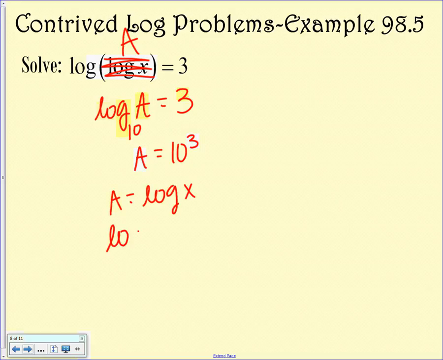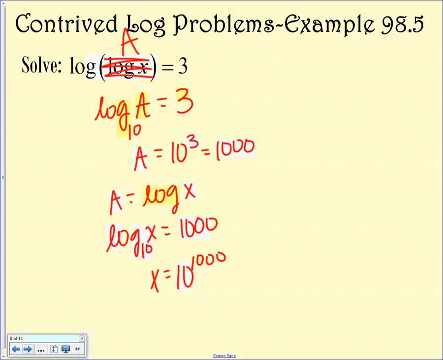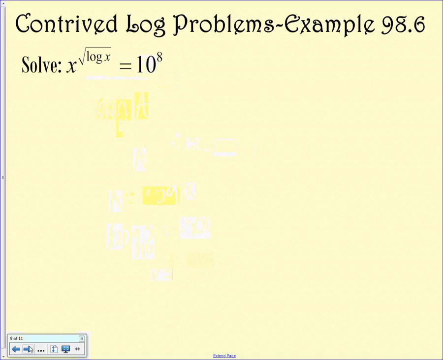So that means that the log of x equals 10 to the third, which is 1,000. And so our base is 10, so x equals 10 to the 1,000. And so that would be what your x value would be. Okay? Sorry for that.